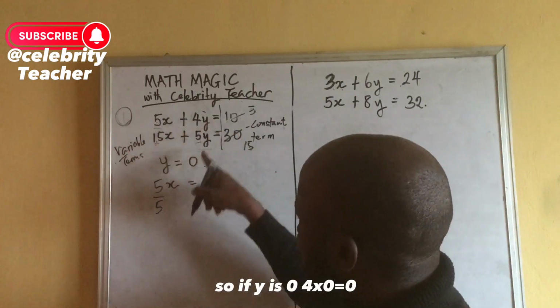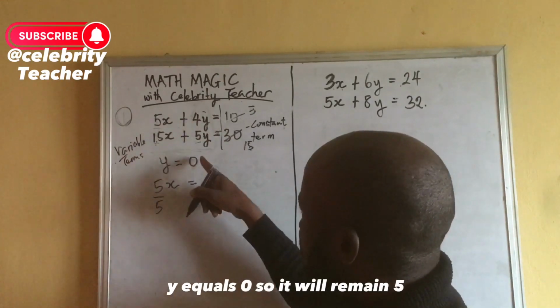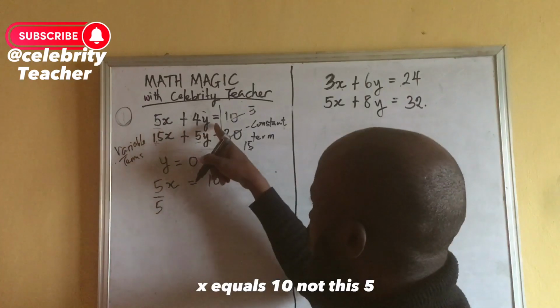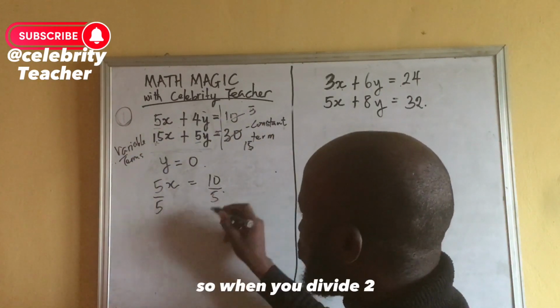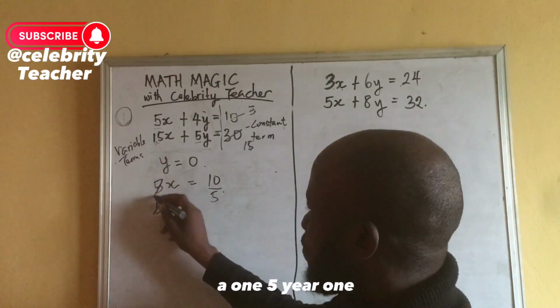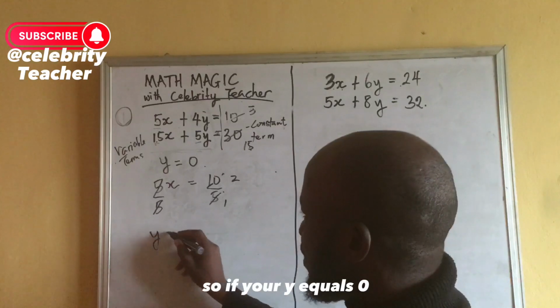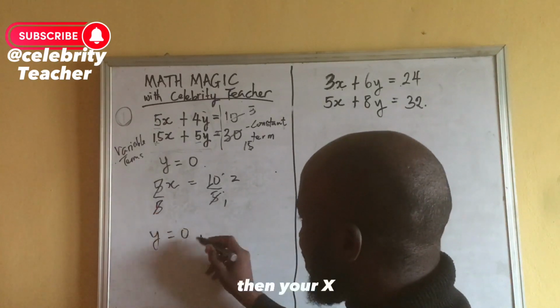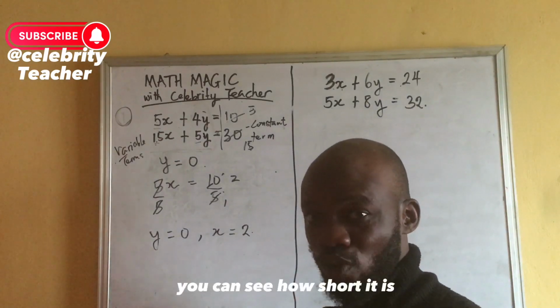So if y is 0, 4 times 0 is 0, so this part is not needed. It will remain 5x equals 10, not this 5. When you divide through, you discover that 5 divided by 5 is 1, 5 divided by 5 is 1, and 10 divided by 5 is 2. So if y equals 0, then x equals 2. You can see how short it is.